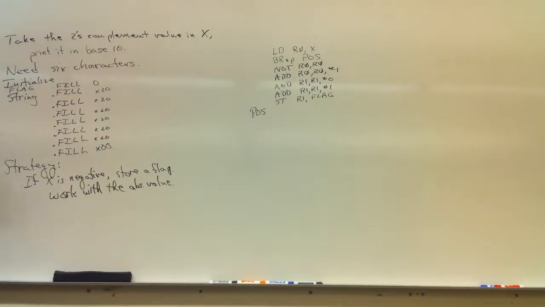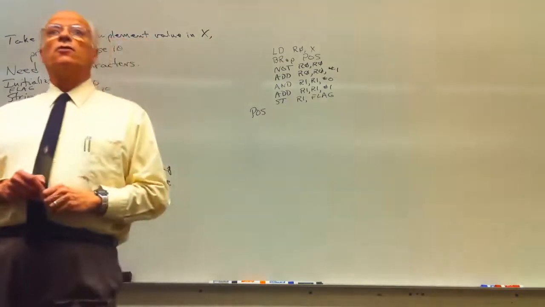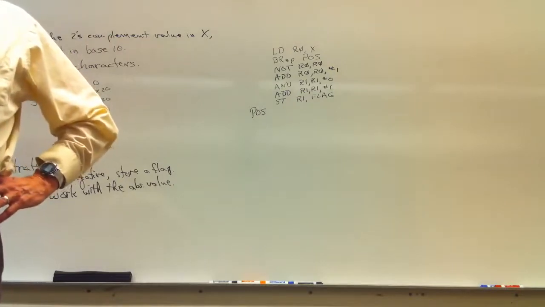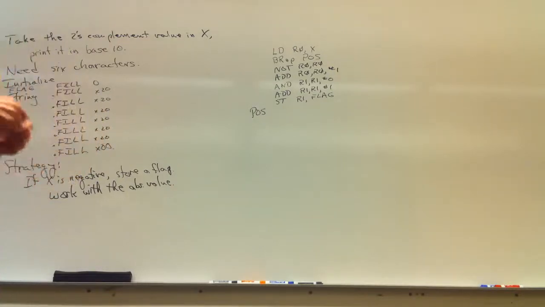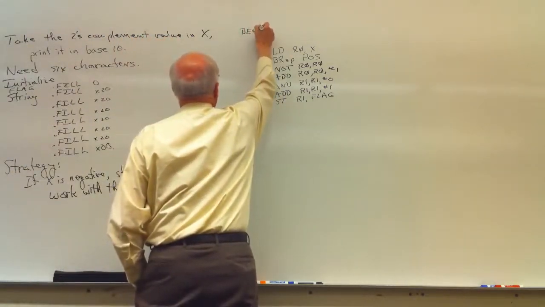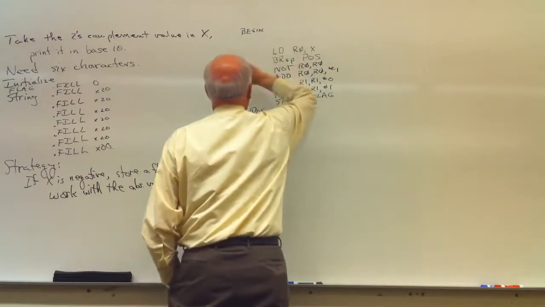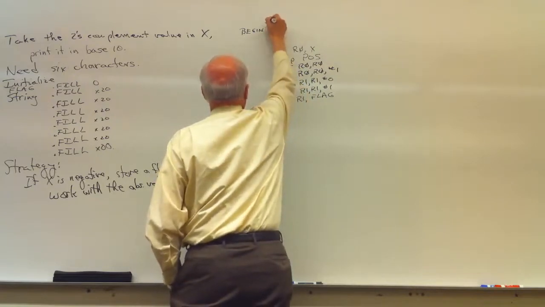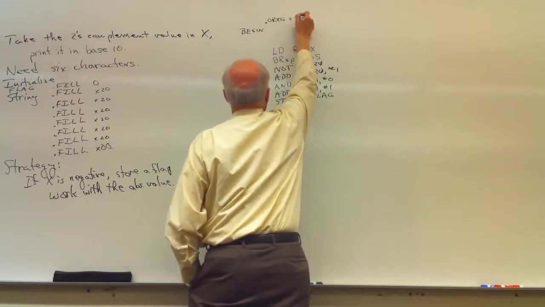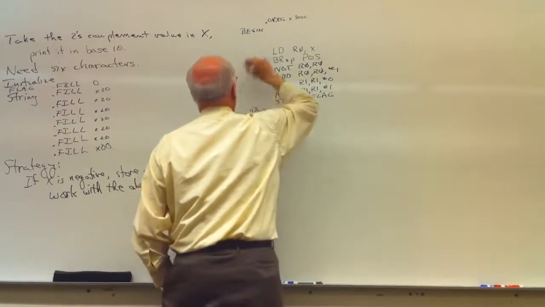Now, it's not necessary here, but, oh, yeah, that's what I needed to do first, was to initialize my stack pointer. So we would actually have our origin thing up here before. Okay, we'll stick with 3,000, which will give us some space for our stack.